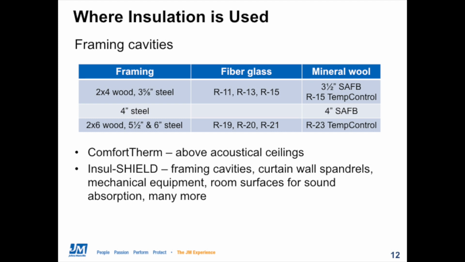Additional applications for fiberglass specifically could be above acoustical ceilings, which we'll talk about a bit more shortly. And Johns Manville's encapsulated Comfort Therm product works really well in this application. Because our Insul Shield products come in such a wide variety of forms, this product can be found almost anywhere in a commercial building, from wall cavities to curtain walls, on mechanical equipment, or even as part of a sound-absorbing room finish.